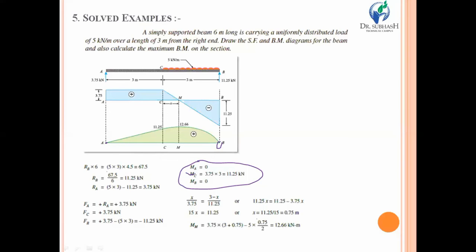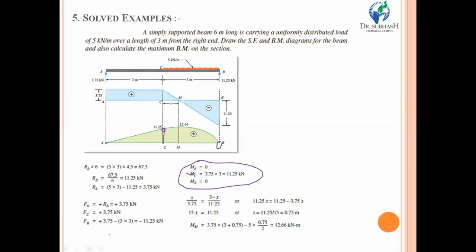But at section C, the bending moment acting in clockwise direction has 11.25 kilonewton meter, that is the value of the bending moment at section C. So you have to move 11.25 centimeter, because we have selected 1 centimeter equal to 1 kilonewton meter. If you measure 11.25 centimeter from that horizontal line and mark that particular point, it will indicate the 11.25 kilonewton meter bending moment acting over there.